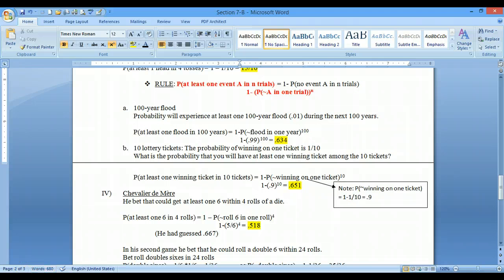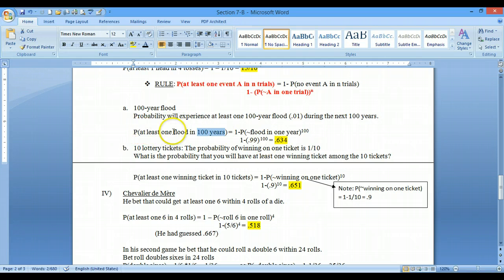All right, let's move to the next example. A 100-year flood. The probability that the 100-year flood will be experienced at least once in the next 100 years is 0.01, because it's 1 out of 100. So we're going to do the probability of at least 1 flood in 100 years. That means I have n is 100 because I have n trials.